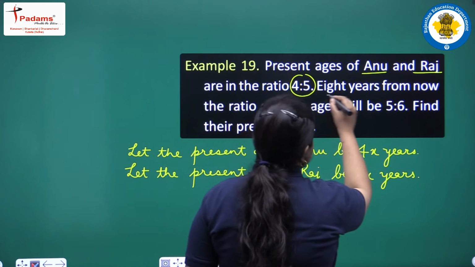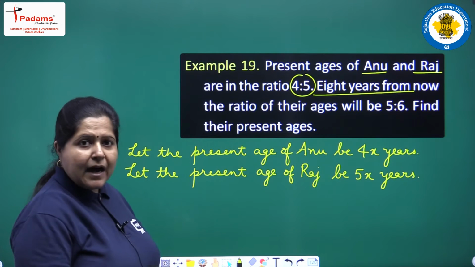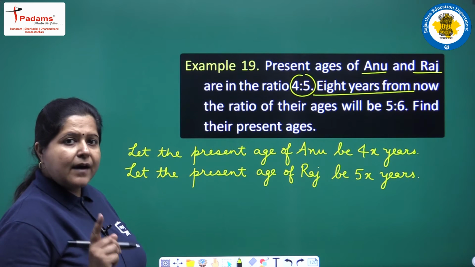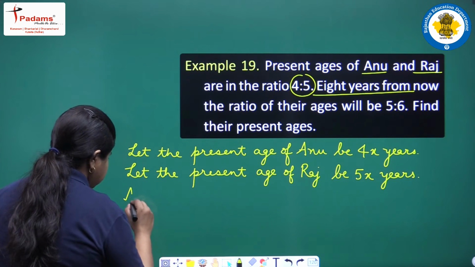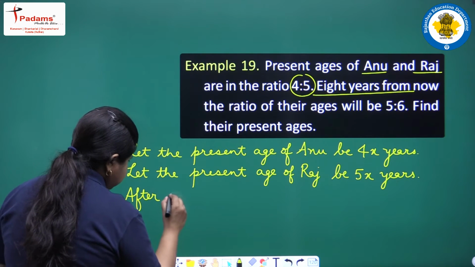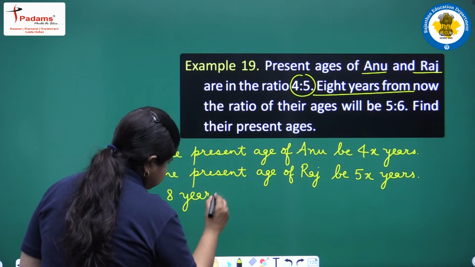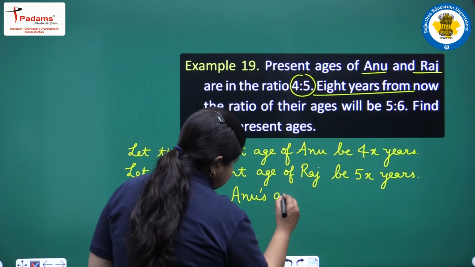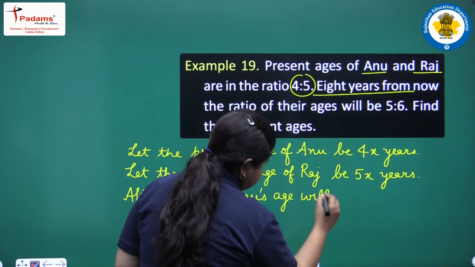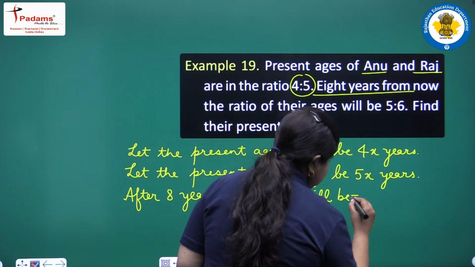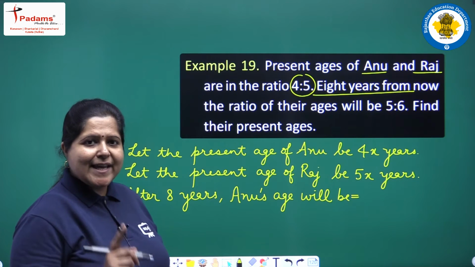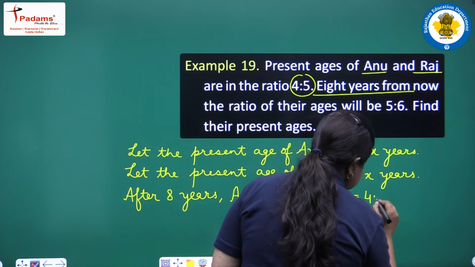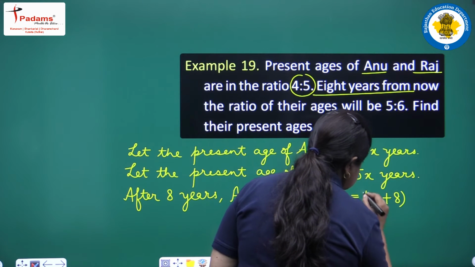Next, we are given 8 years from now, that is after 8 years the ratio of their age is given. First, we will find their age after 8 years. After 8 years Anu's age will be equal to how much? Yes, today he is 4x years old. So, after 8 years we will simply add up 8. We get 4x plus 8 years.